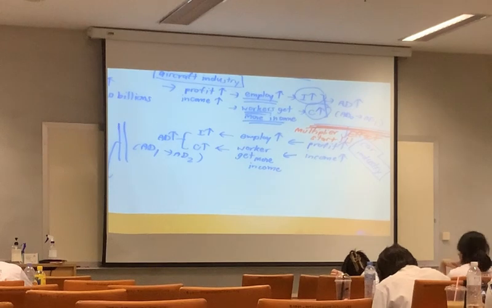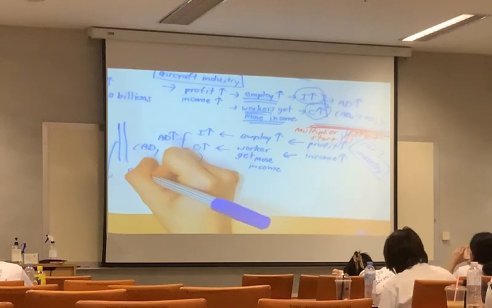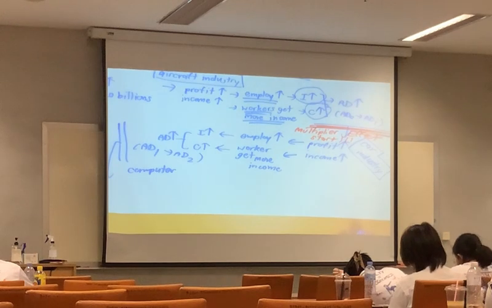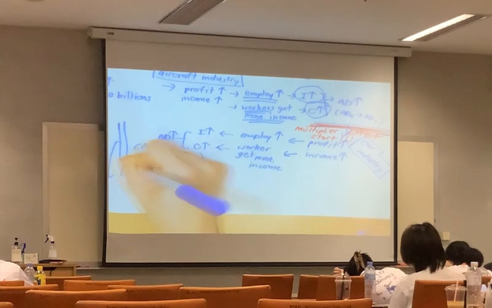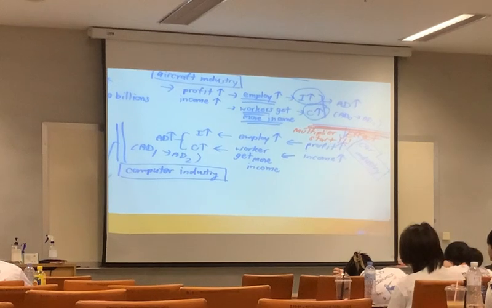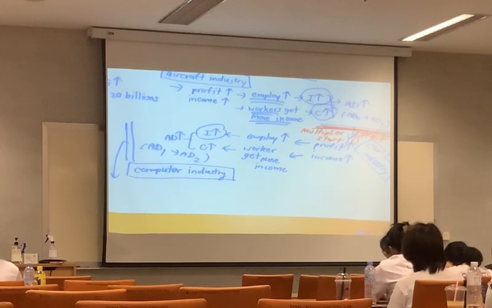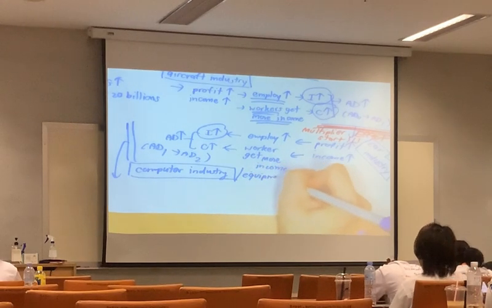They go to buy another material, for example, computers as their factors of production, or some electronic equipment to use in their factory.